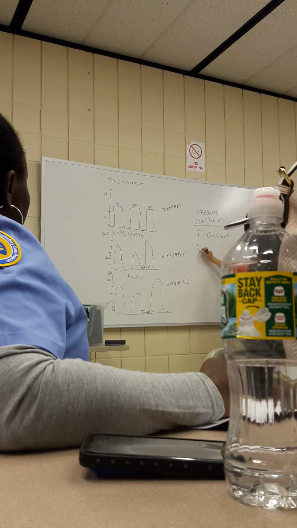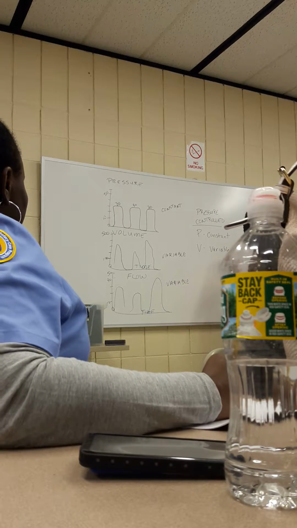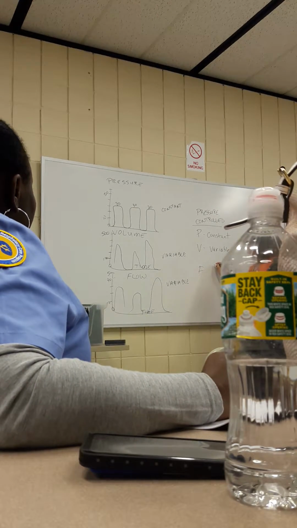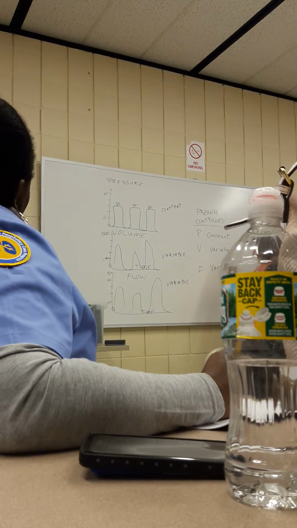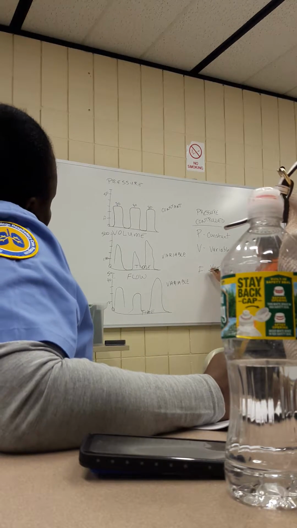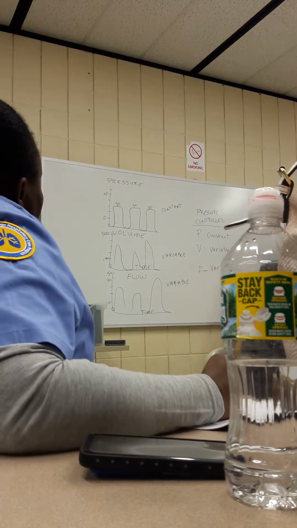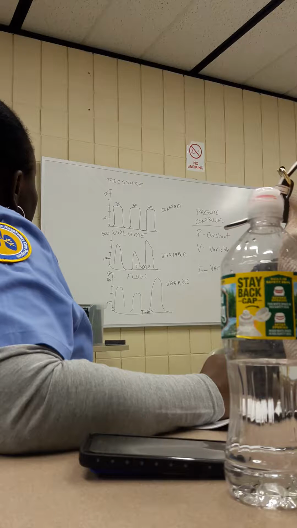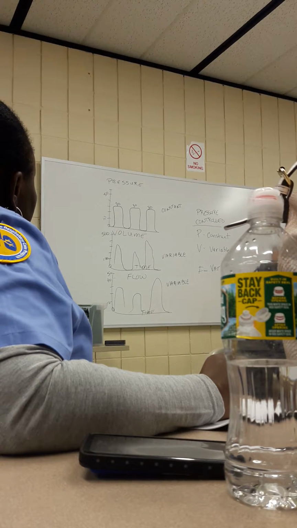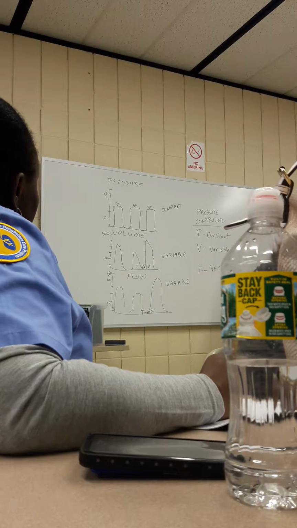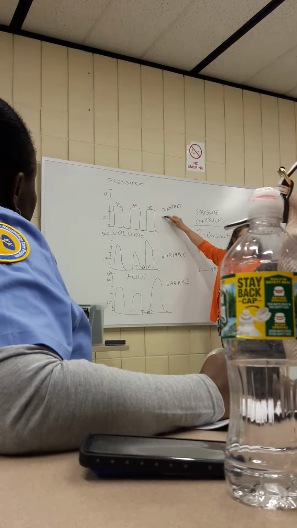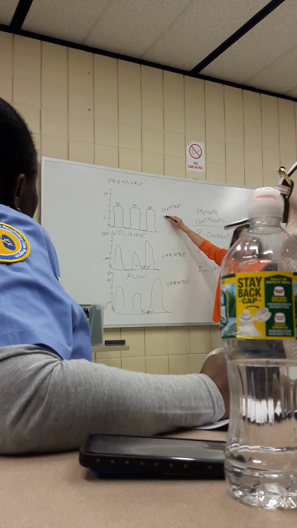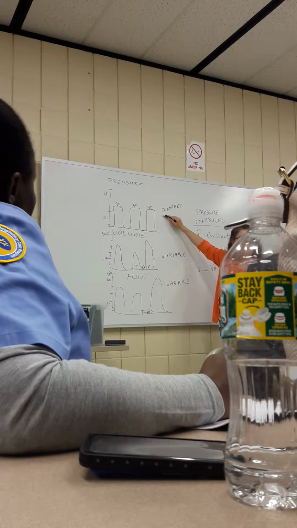Volume will be variable, and flow will be variable. If I was given a diagram, or I'm looking at my ventilator, and this is what I see, I'm going to know immediately that this is pressure controlled ventilation, because that is constant.